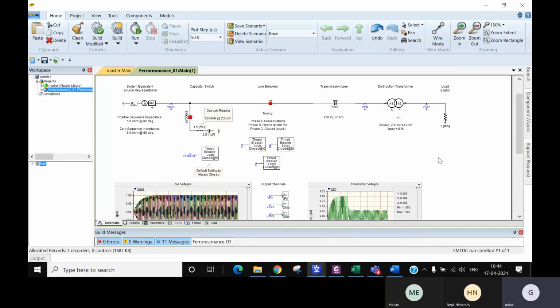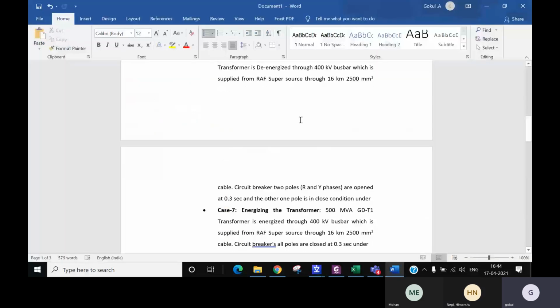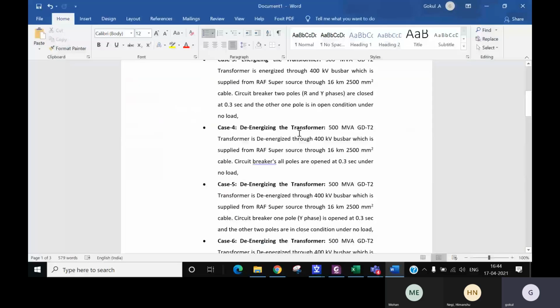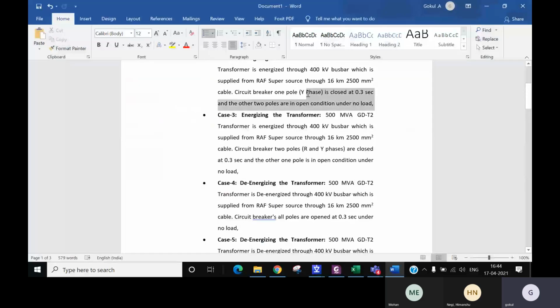Any doubts on ferroresonance, Manchu? No. Everything was explained. The documents I will share are the cases we have done with some modeling. I'll give you the energizing model and a model with VT.